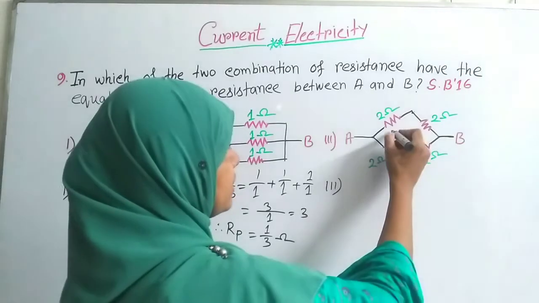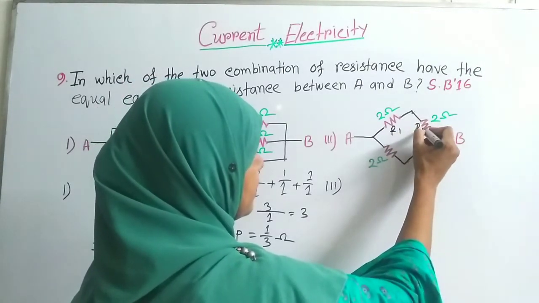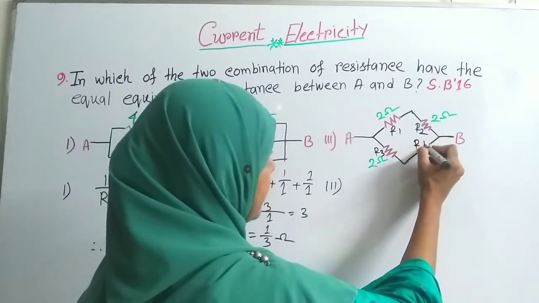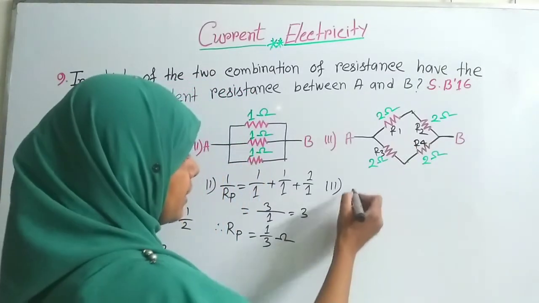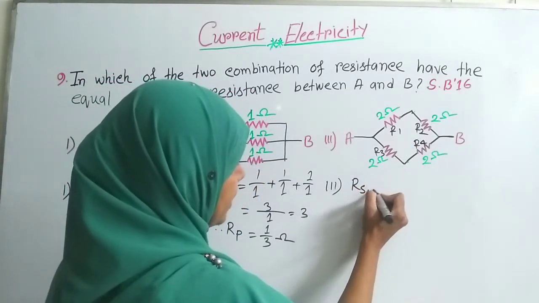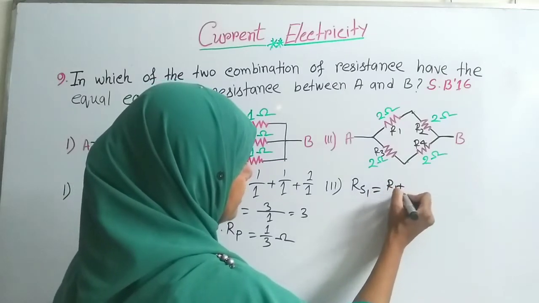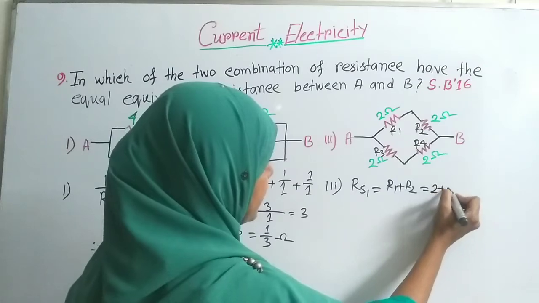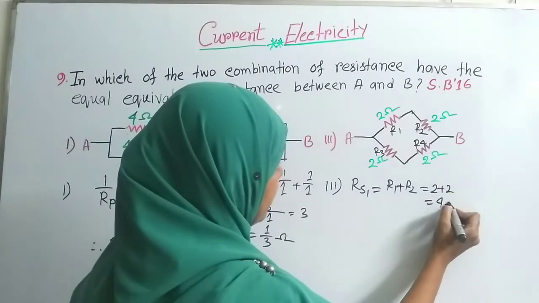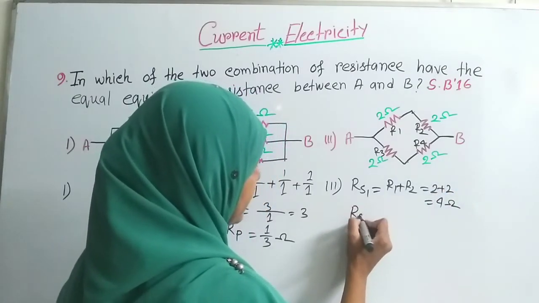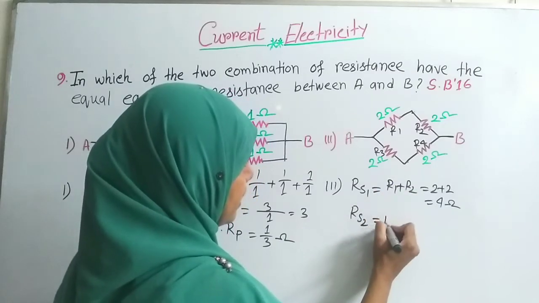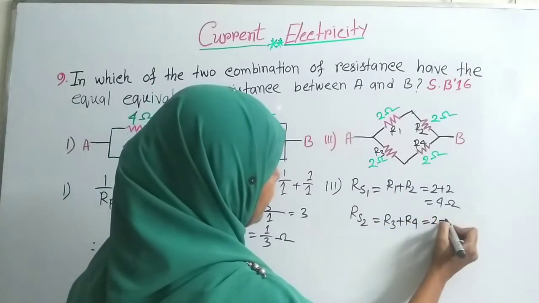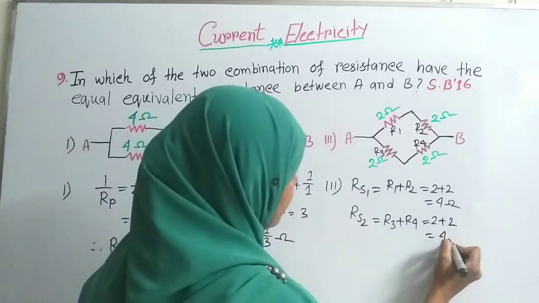If we name them R1, R2, R3 and R4, then we can say that RS1 is equal to R1 plus R2. So the value of RS1 will be 2 plus 2 is equal to 4 ohm. Now RS2 is R3 plus R4. Here we will get the same value, that is 4 ohm.